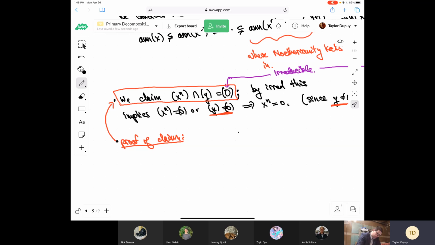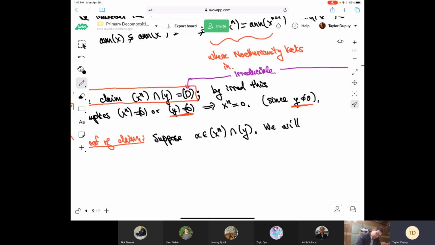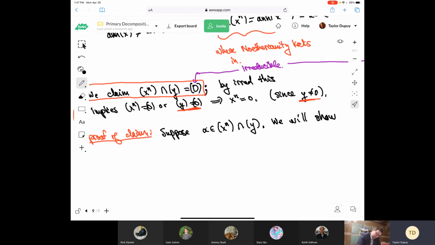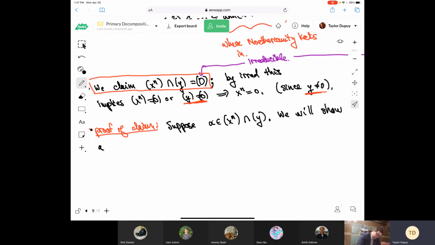So we suppose that A is an element of x to the n intersect y, and we will show that A is equal to 0. Does that make sense?